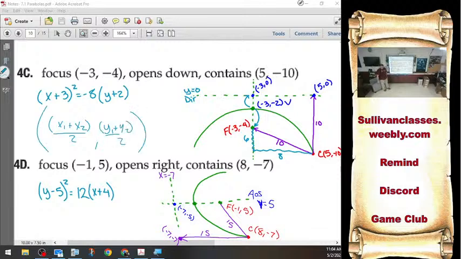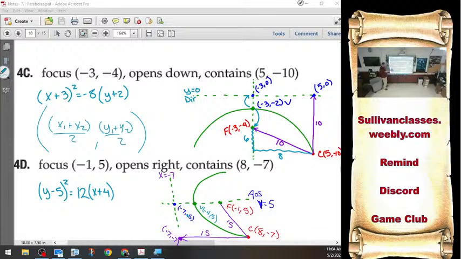Y'all remember midpoint? Okay. Halfway in between -7, 5 and -1, 5 is my vertex at -4, 5.